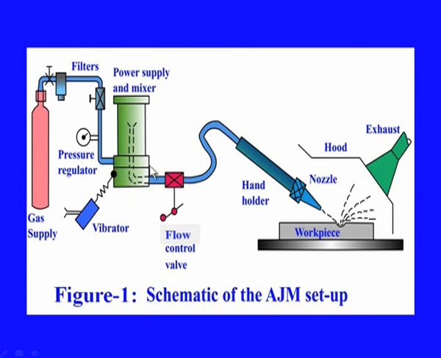This pressurized gas and abrasive mixture is then flown through this hose system, through this flow control valve, and this can be made handheld as well as mechanized. At times it can be robo controlled as well, and can be made to target the point where the cutting or the finishing is to be carried out.